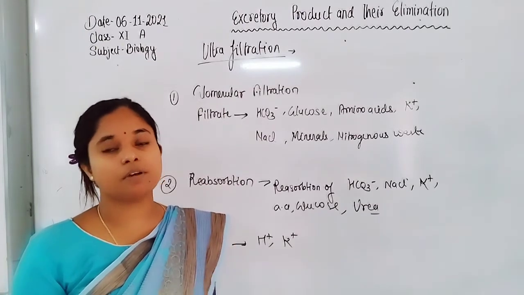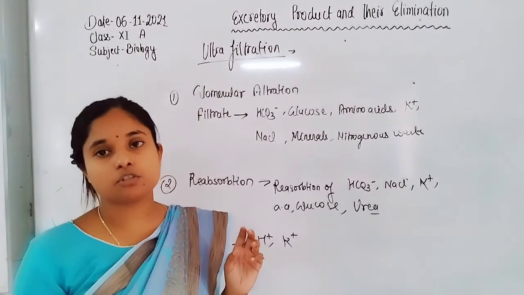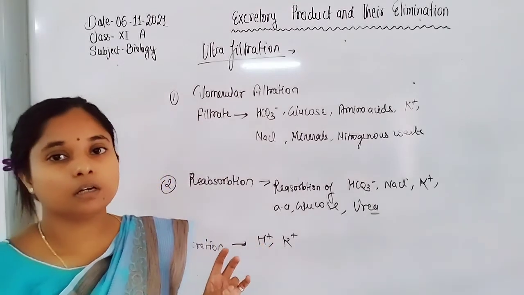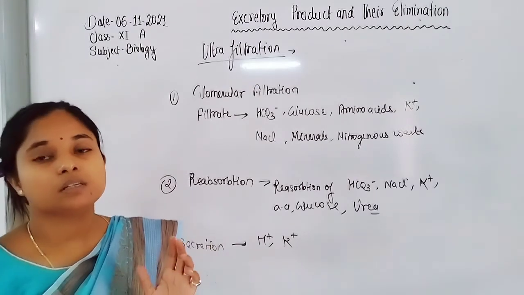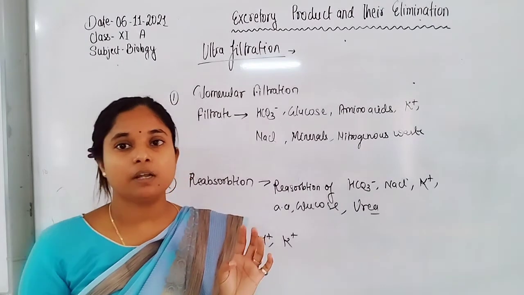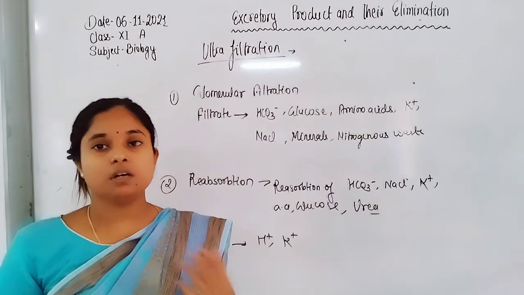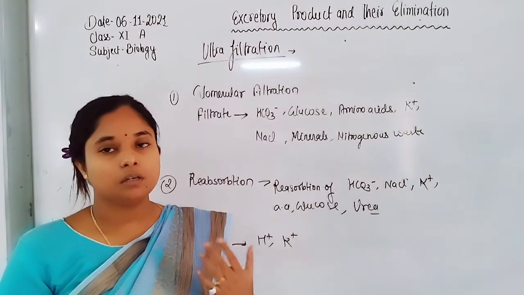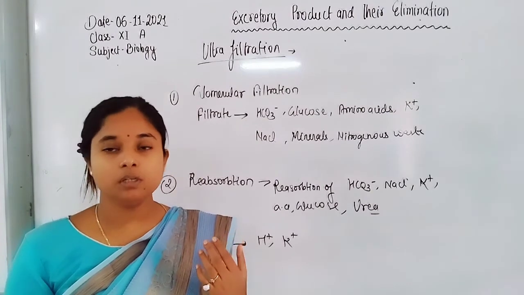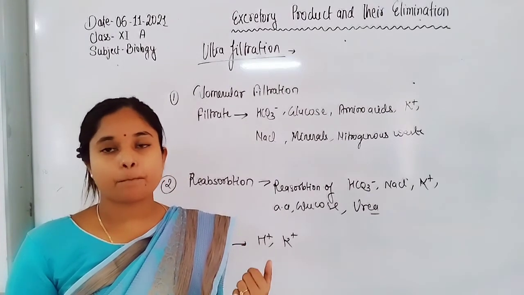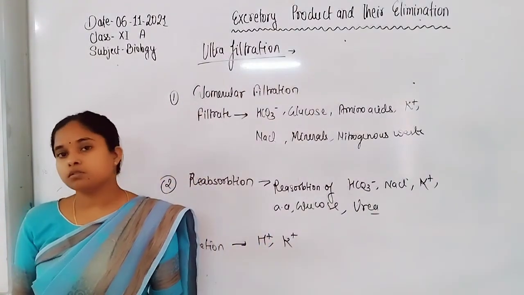Whenever the blood pressure changes, the specialized cells at the junction between the afferent arteriole and the juxtamedullary nephron release the renin hormone, which increases the diameter of the afferent arteriole, and thus the blood pressure changes, and due to the change in blood pressure the glomerular filtration also decreases.